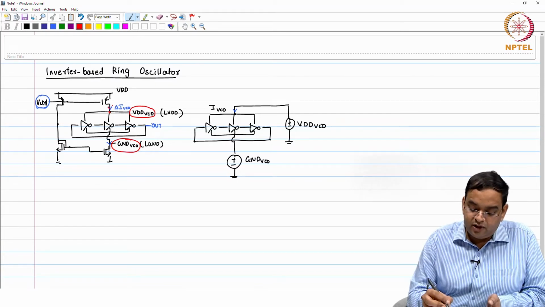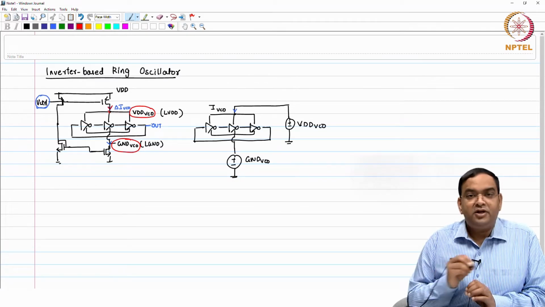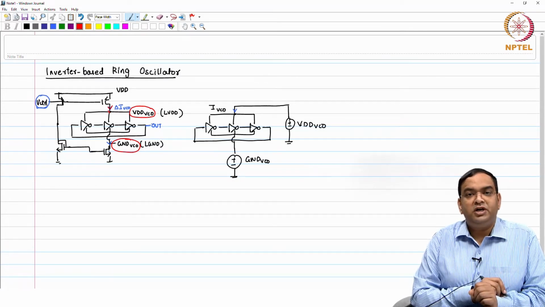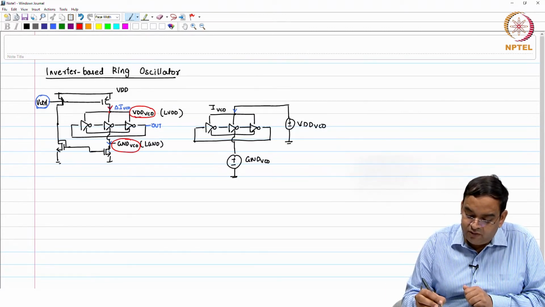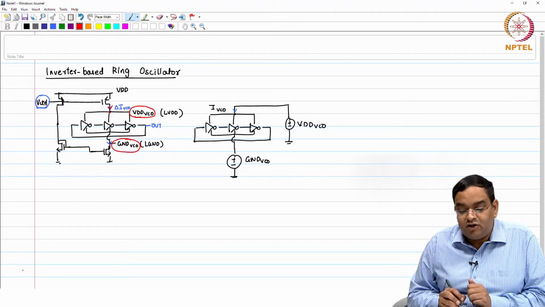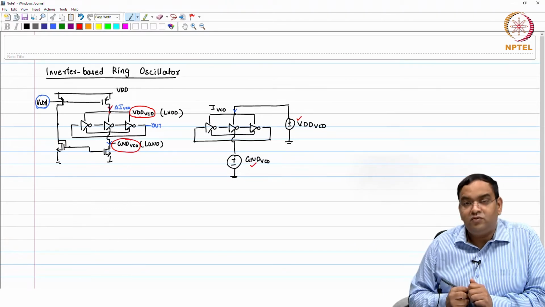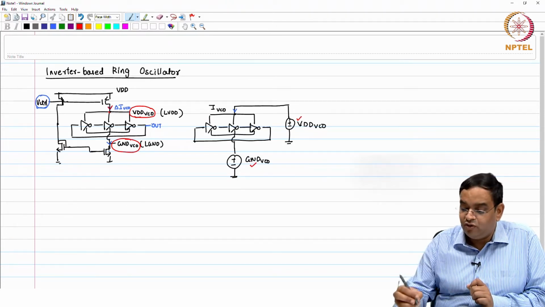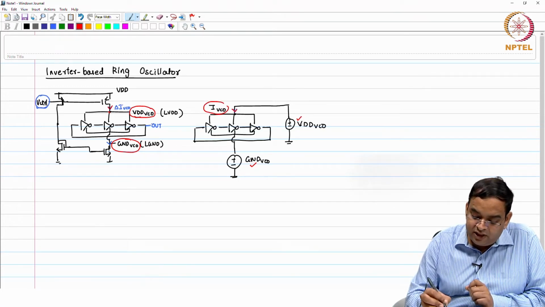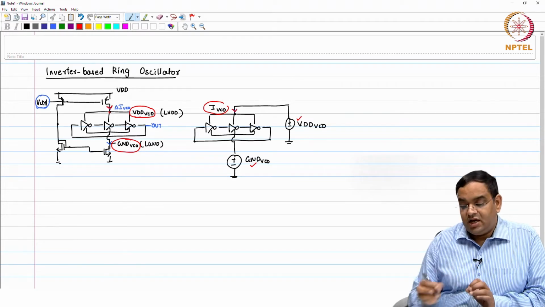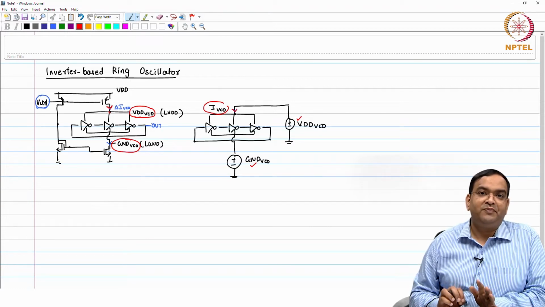You control the current through the oscillator, and because you control the current you get the voltage automatically. In the other case, whatever voltage develops at the top and bottom, VDD VCO and ground VCO, if I give these voltages, then you will automatically get the current I VCO, and both oscillators will operate at the same frequency.